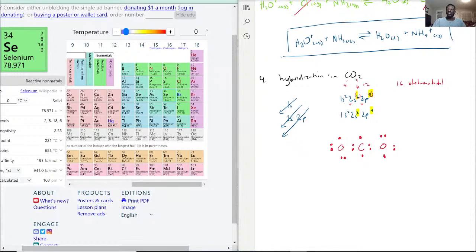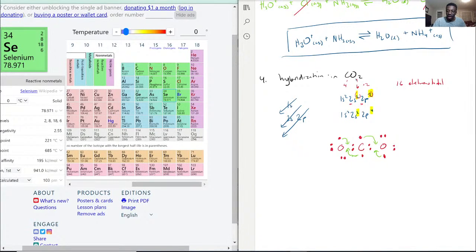Now if you notice, we have these single electrons that can bond to form a second bond. Actually, better if I drew it like this. There we go. These two here would move over to form a second bond here, and these two here move over to form a second bond there as well.